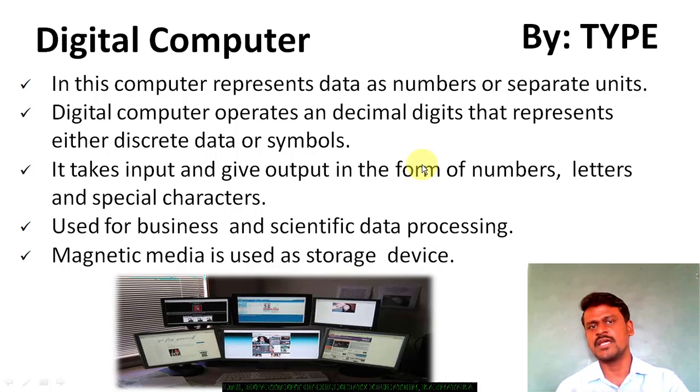As we discussed in the previous classes, a computer has magnetic media to store any kind of inputted data. It may be text, video, audio, or image. That will be stored in magnetic media, right? So this is how digital computers are introduced by type, right?